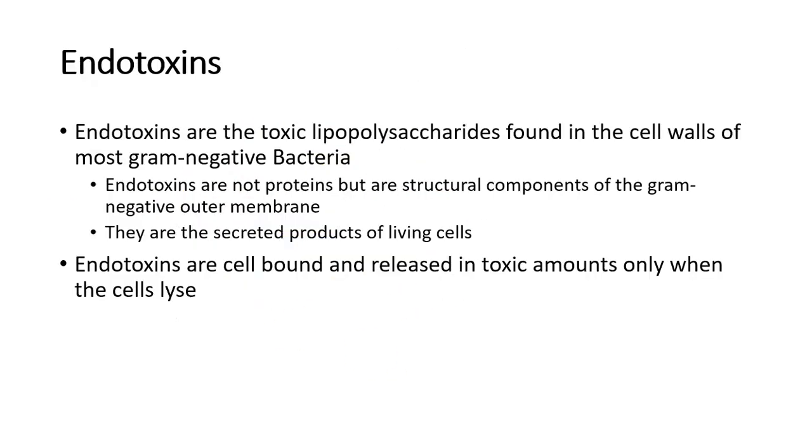The gram negatives produce endotoxins, and that's found in that LPS layer of the gram negatives. So they are a structural component of that outer membrane of the gram negatives. And they are bound and released in toxic amounts only when the cells lyse.